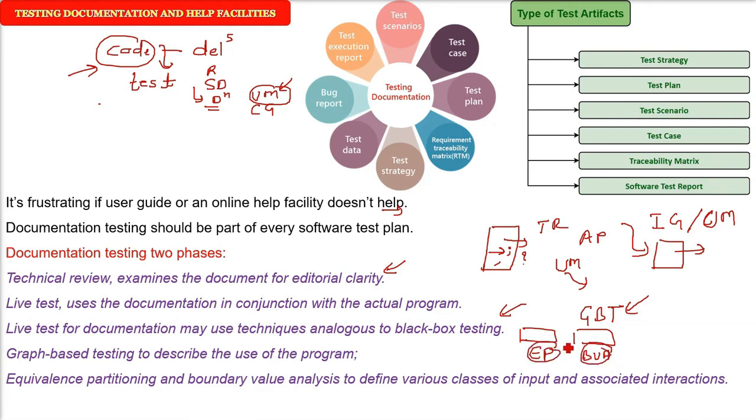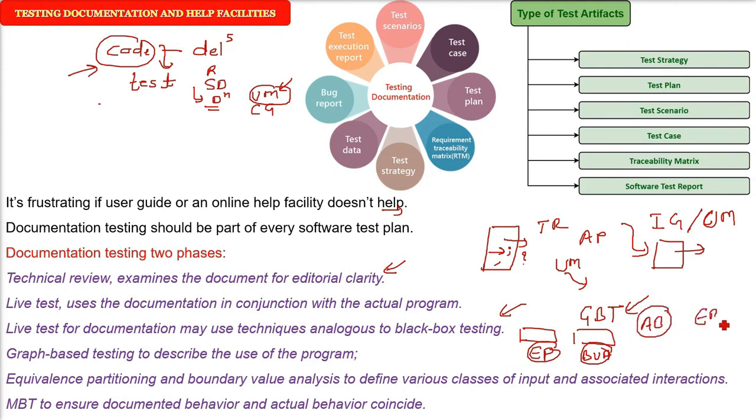So graph-based testing, equivalence partitioning and boundary value analysis, depending upon what exactly documentation part you are going to see. You can use model-based testing to ensure documented behavior versus the actual behavior of the software. Does it coincide or is there non-correspondence?